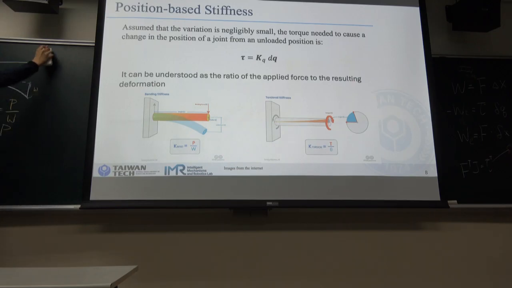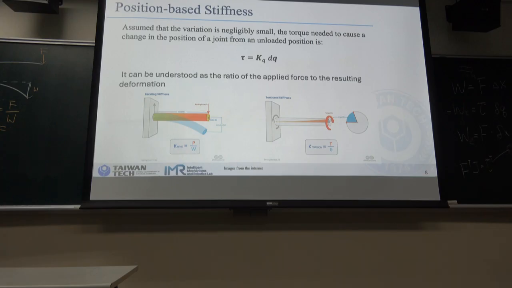Or maybe we use F, it's easier to understand. So imagine that we have a very, very large value of stiffness.